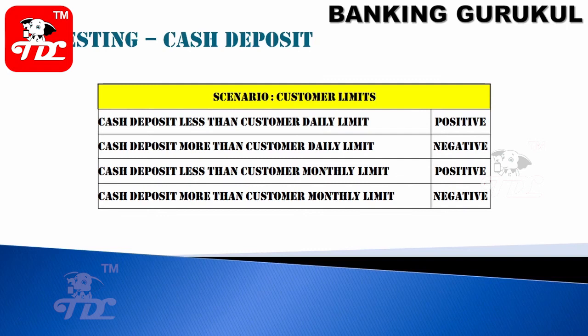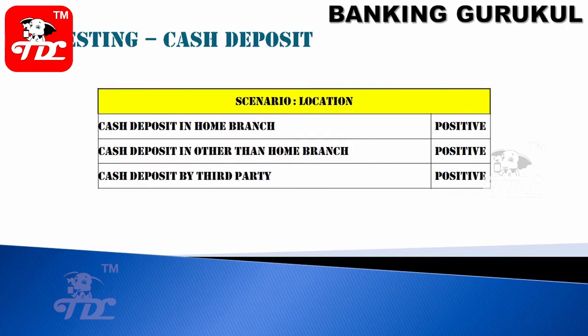Location wise, for example, you have a home branch, where your account is opened and you are operating. Other than your home branch, if you go to a different branch of the same bank, you will have a different type of charges.